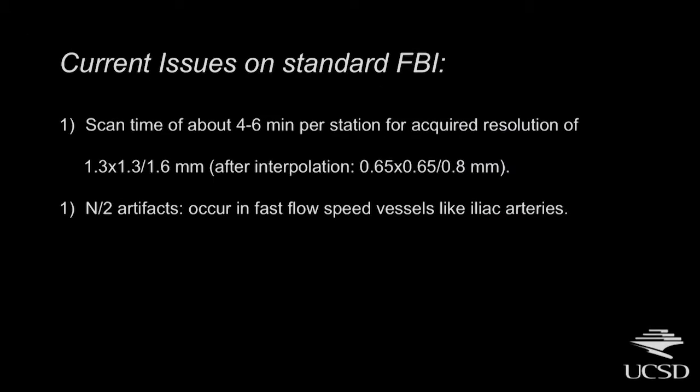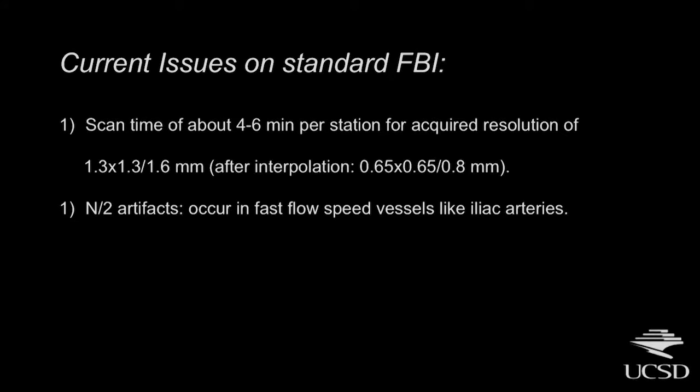However, there is an intrinsic problem with FBI, as the previous speaker mentioned. It takes about 4 to 6 minutes. Actually, at 3T it's longer because of the longer T1, and the parameters are 1.3 by 1.3 by slice resolution 1.6 millimeter. Takes about 4 to 6 minutes.